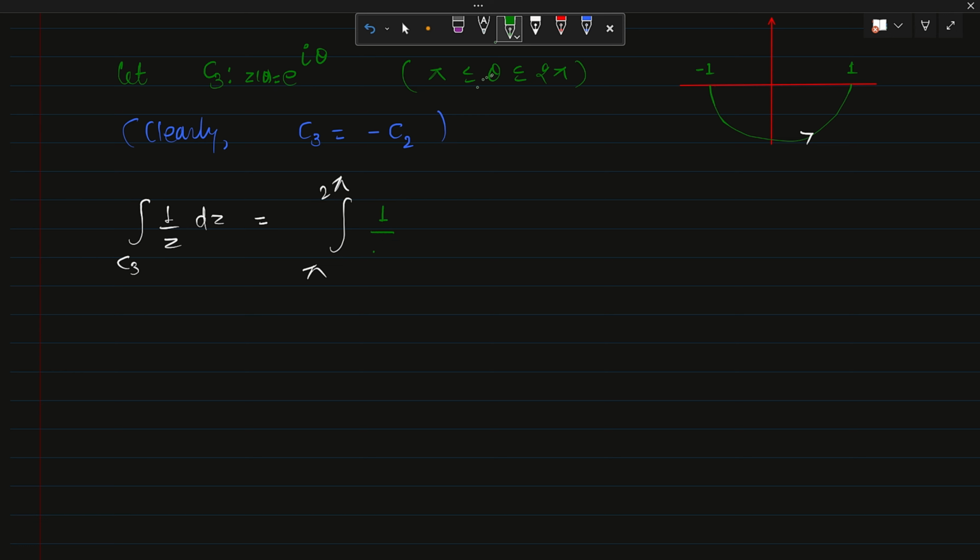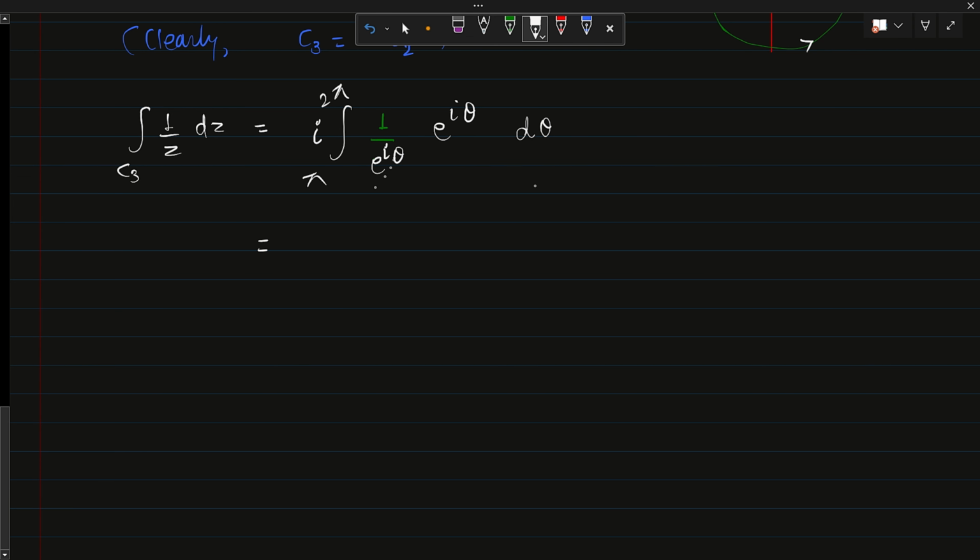So we are writing 1 upon e to the power iota theta. अगेन when we do the differentiation, तो यहाँ पर हमें मिलेगा e to the power iota theta, and now theta is here, and that is d theta. Again the scenario is same. यहाँ पर अब इंटीग्रेशन होगा iota times integral from pi to 2 pi of d theta. Again 2 pi minus pi will give us pi iota. Okay, so this is the integration along the curve C3.